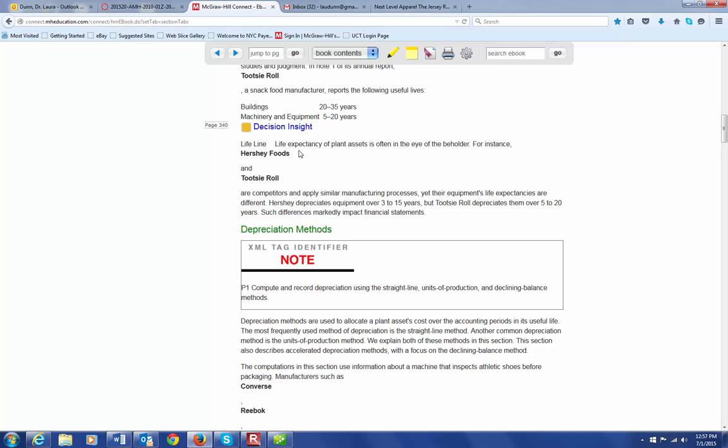They make a comment here, life expectancy of plant assets is often in the eye of the beholder. So obviously, depending on your own position as a competitor in an industry, you may have a different way of depreciating things. It depends on what you believe that equipment is going to give you in terms of useful life.